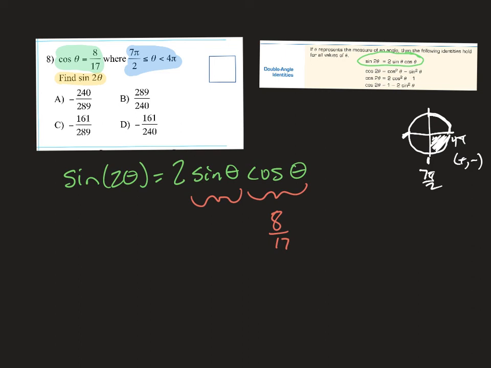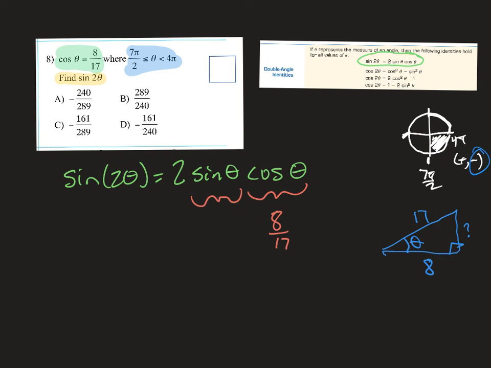And the way we do that is with our good old-fashioned triangle. So you go back to the triangle. Remember that cosine is adjacent over hypotenuse. So I put the 8 in the adjacent spot and the 17 in the hypotenuse spot. And then I'm going to need to solve for this side here, and I also am going to need a negative value.